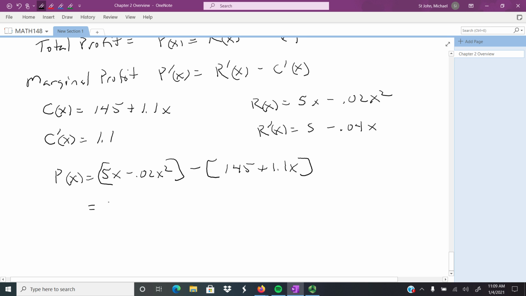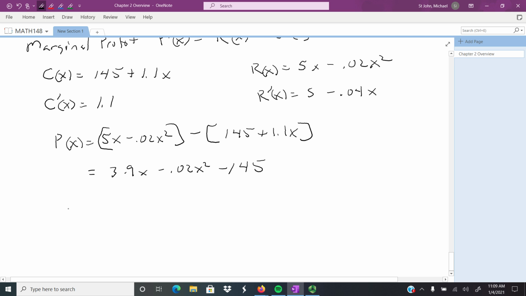This will become 3.9x minus 0.02x squared minus 145. And then, of course, we could take the derivative of that. And so this is going to give me 3.9 minus 0.04x.